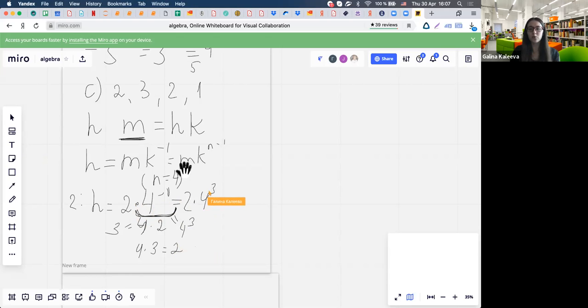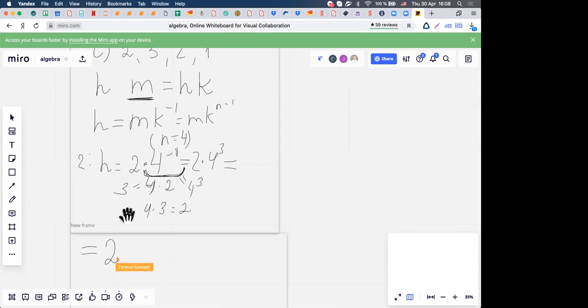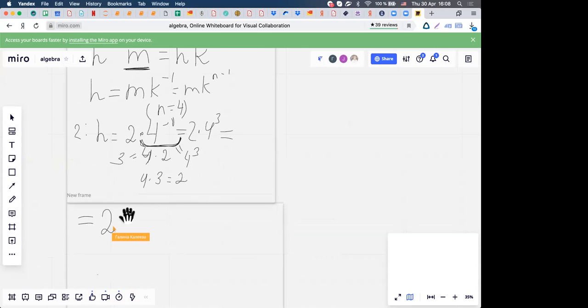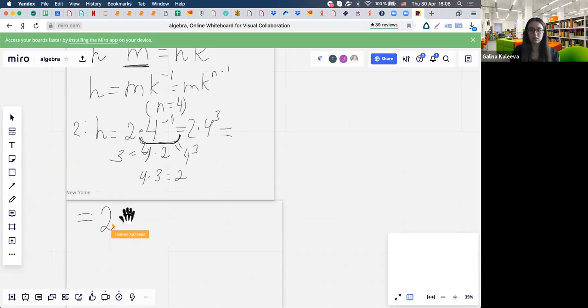And what is 4 cubed? 4 squared is 1 0. Then 4 cubed is 0 1, and it is 2. 4 cubed is not 2, because 4 cubed by 4 should be 1, and this is 3.